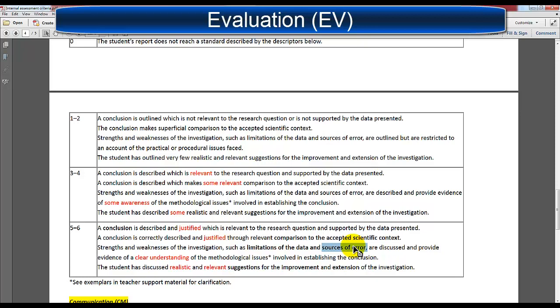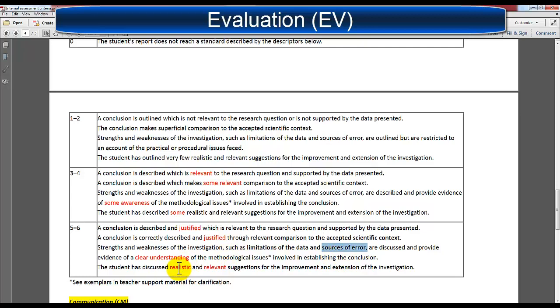Especially, find errors that can explain why your data or your pattern may be overestimating or underestimating from the predicted or expected result. So if you could find those errors that can explain the difference between your experimental data and the literature value, it would be nice.